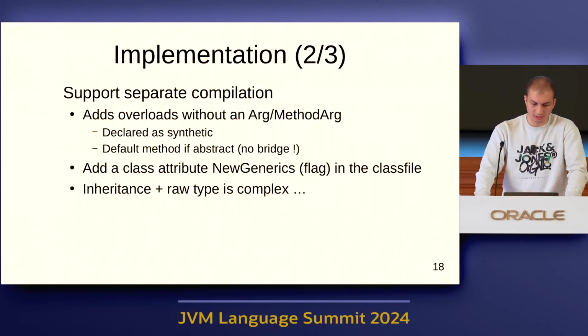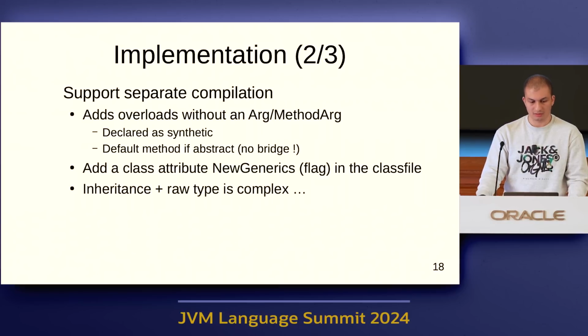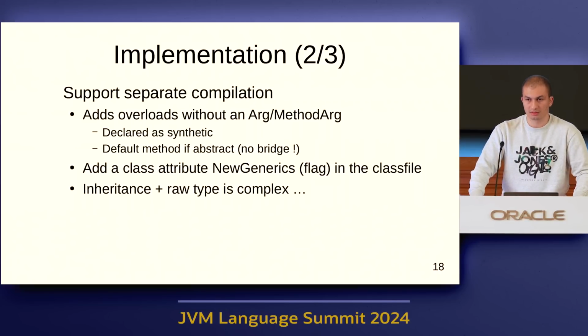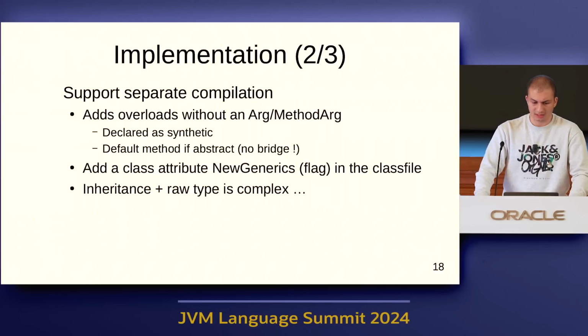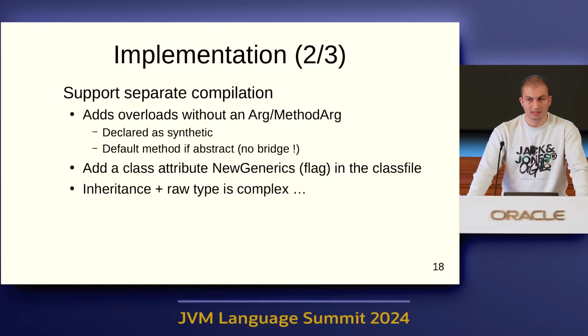To achieve this goal, we had to generate methods that would make the recompiled programs behave as they were doing before the recompilation, to ensure that any code that hasn't been recompiled could still call all the methods of our recompiled code. So we had to add methods that do not have the arg and method arg parameters to ensure this.